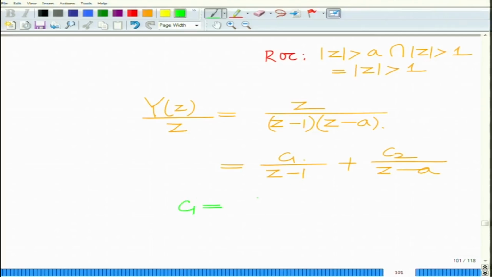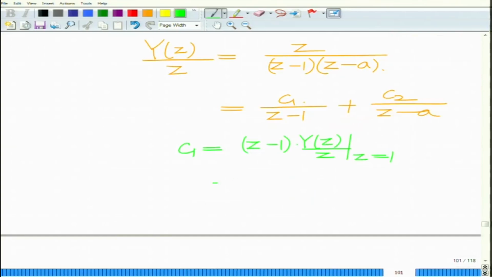The coefficient C1 is (z minus 1) times Y(z) over z evaluated at z equal to 1, which is basically z over (z minus a) evaluated at z equal to 1, that is 1 by (1 minus a). So, C1 is basically 1 by (1 minus a).